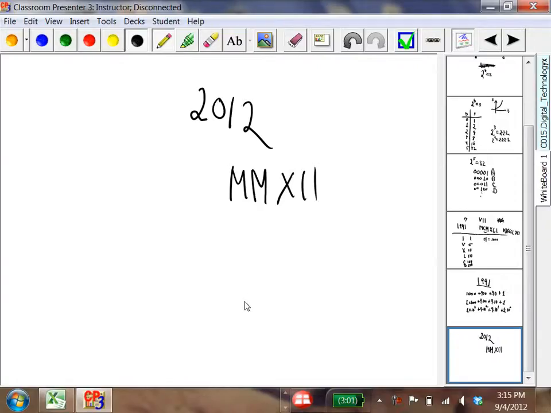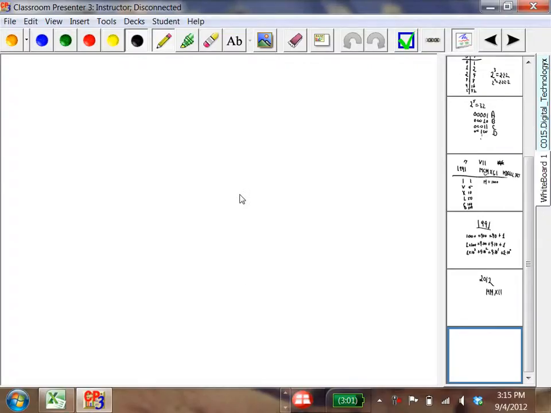The binary number system just uses twos instead of tens.